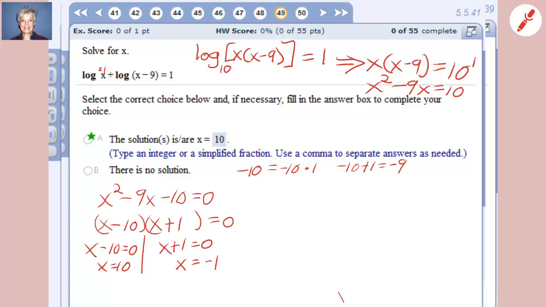So this makes no sense. Therefore, we're going to go with x equals 10. Try to remember that. The logarithm function cannot take a negative argument. The argument is the thing that you're taking the log of. Rather complicated to say.